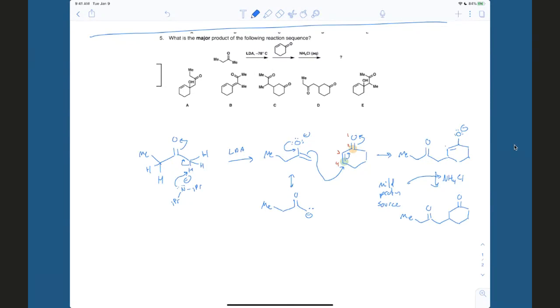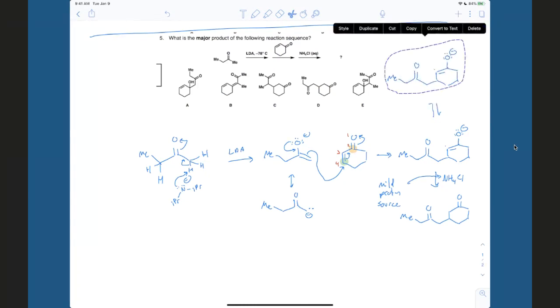So it is possible that the oxygen got protonated first. But this would be an equilibrium. And so going back to our general thoughts on enol.